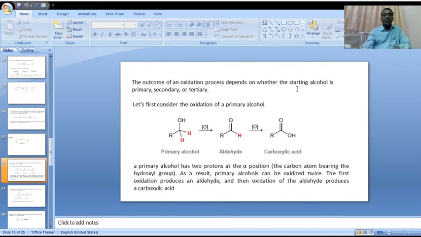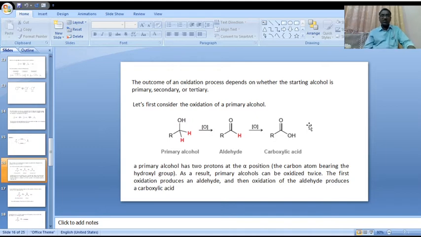First, primary alcohol. Only one R alkyl group is there. Primary alcohol on oxidation gives an aldehyde, RCHO. This aldehyde on further oxidation gives a carboxylic acid.